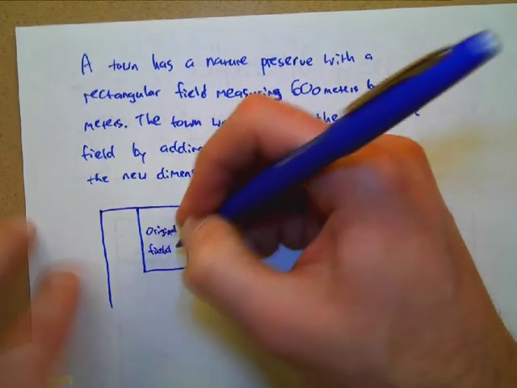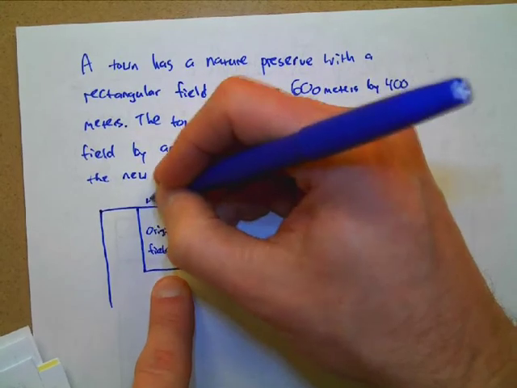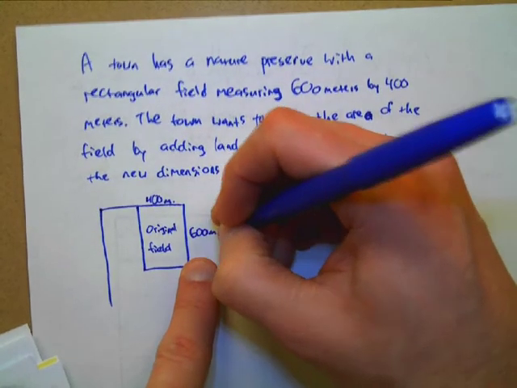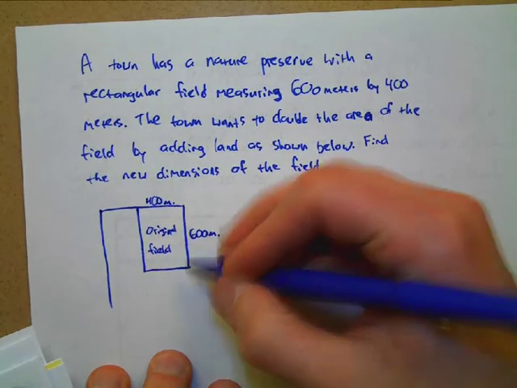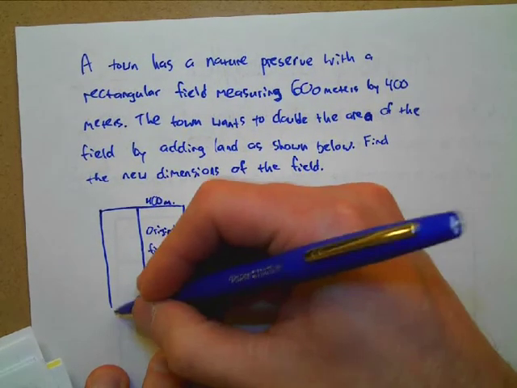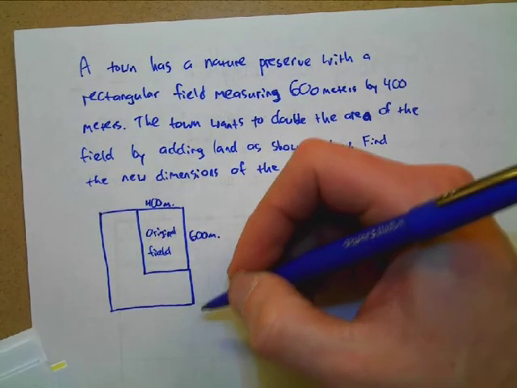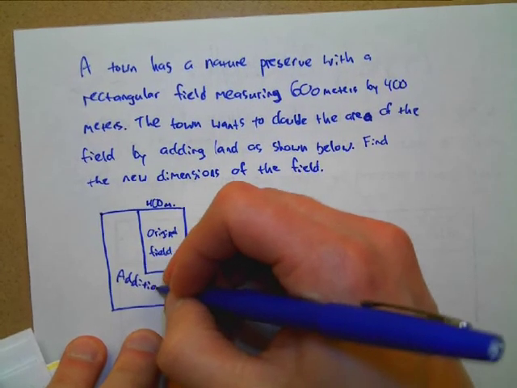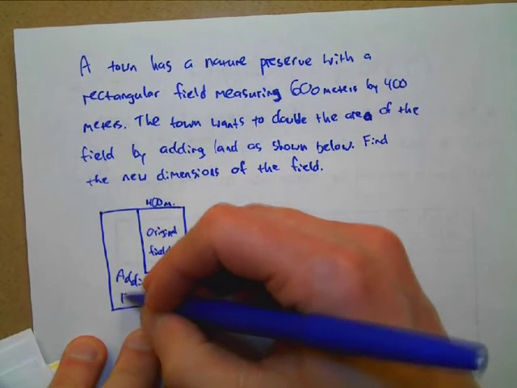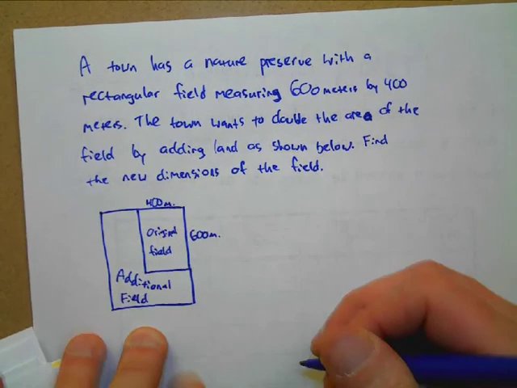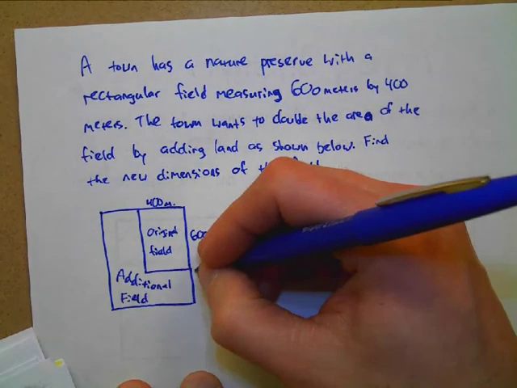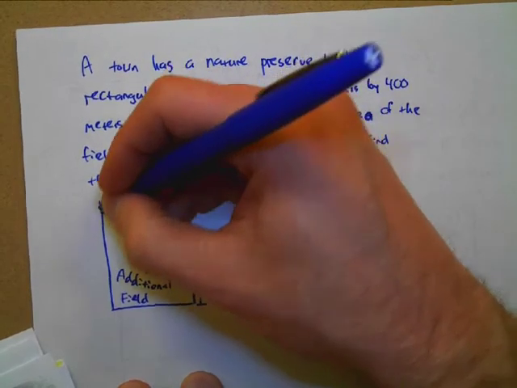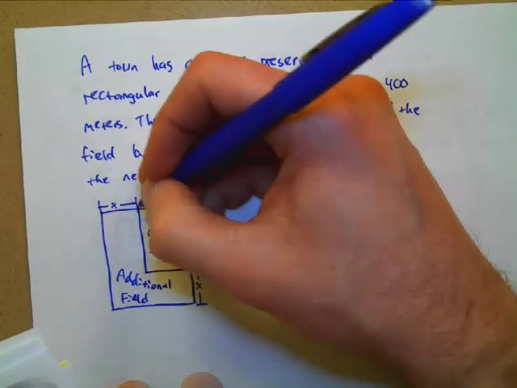So here's the original field. We'll say it is 400 by 600. And here's the addition, or the additional field. Now we're going to add in this way.